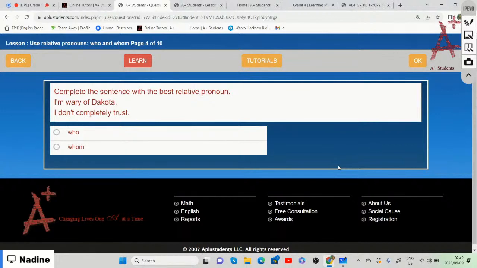We need to select the correct relative pronoun to complete the sentence. Who or whom?